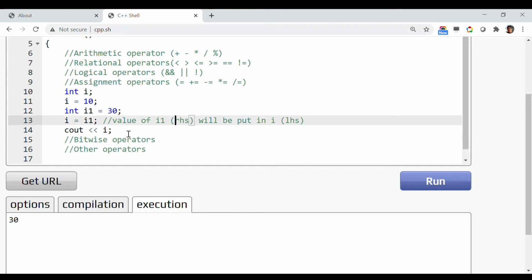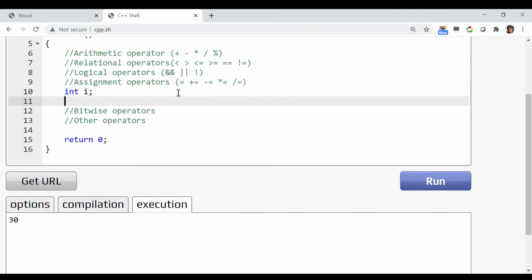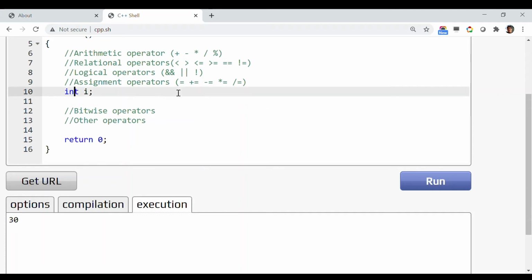Well, these operators are like a shorthand form of these arithmetic operations followed by the assignment operator. So let me get rid of this part and let's focus on this. Before going to this plus equals symbol, let us try to understand the value of, let's say, int I. I have a variable I with a value of 10 here.